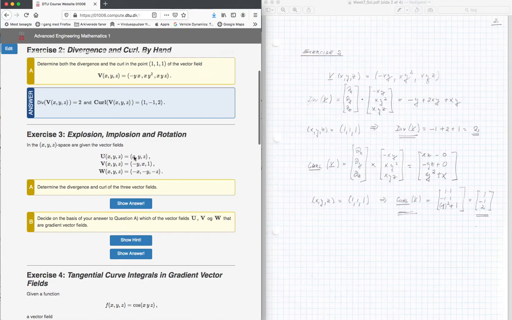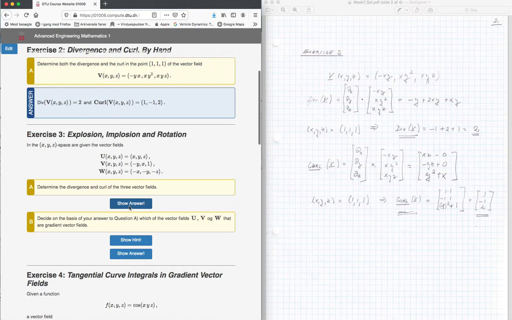So the further away you are from the origin, the larger this vector field is. And if you reverse the sign, as in W, you get what is called the implosion field. And the second one is sort of a rotational field.